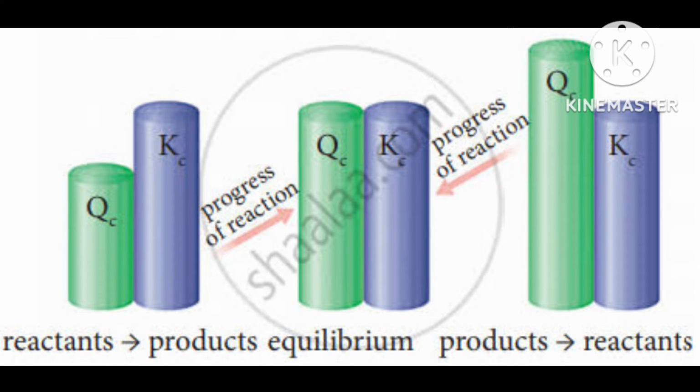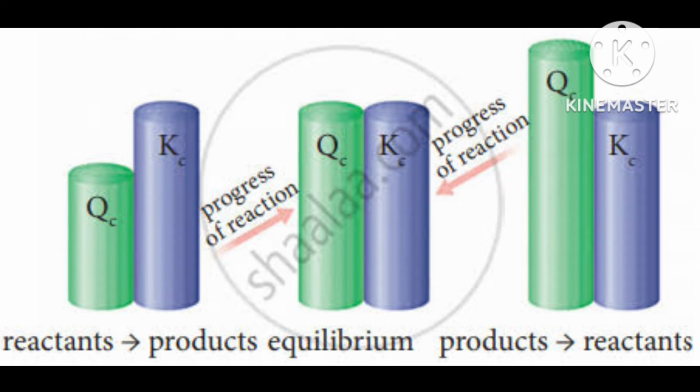What is its value? 10 to the power minus 48, the exact value is 4.1 into 10 to the power minus 48. When the Kc value is so less, there will be no reaction or very little reaction. Only reactant will be there, product will be negligible.